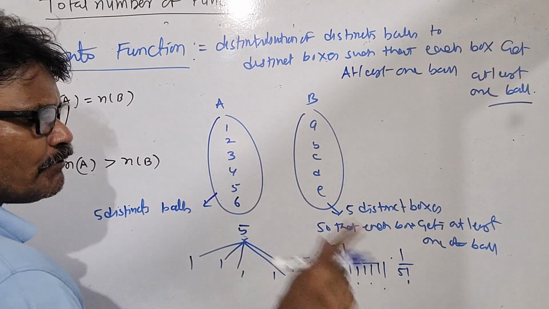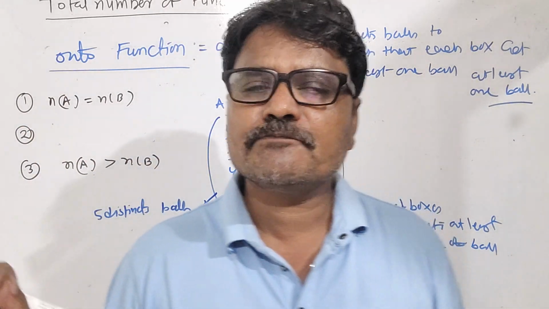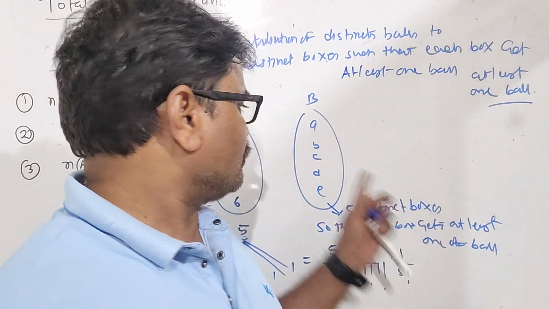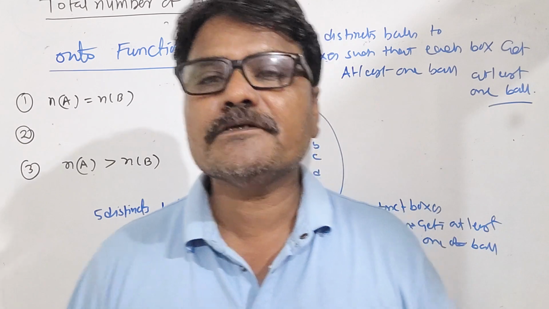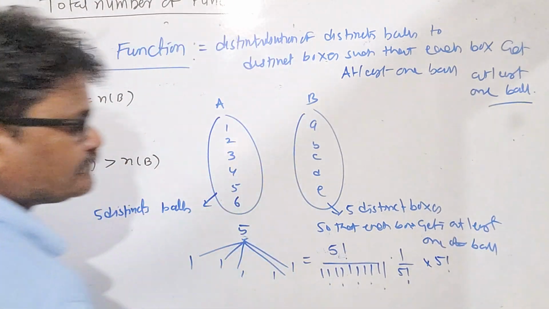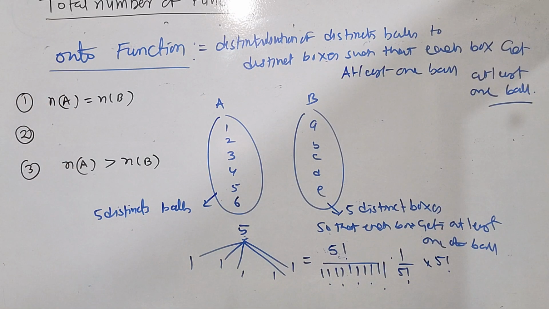I have given one ball. Every ball is distinct. Therefore that particular ball has 5 choices. Either it goes to box number A, or box number B, or box number C. So therefore here 5 factorial. So this is the total number of onto functions.